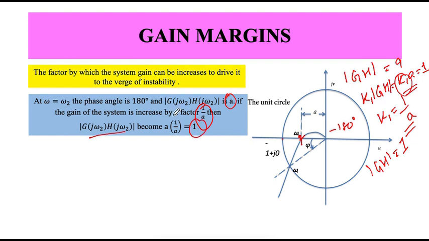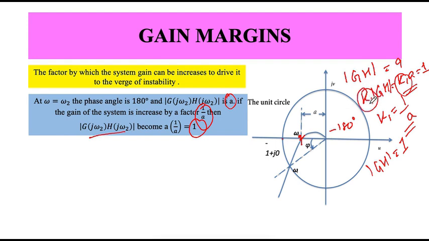Which means that if the gain of the system is increased by a factor of 1 by A, this is K1. I am just multiplying gain with gain, so don't confuse it with addition here.